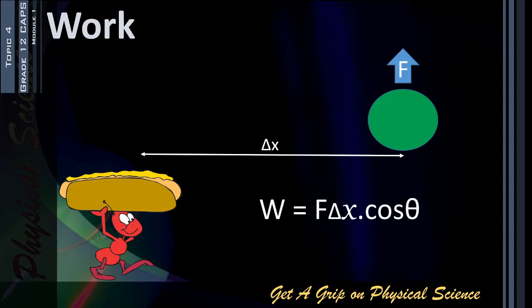So when we substitute the values into the formula, we will substitute an angle of 90 degrees, and that will give us work done by the applied force of 0 joule. This happens because the applied force does not contribute to the movement or the displacement of the food. Other forces cause the displacement of the food, and therefore the work done by the applied force is 0 joule.